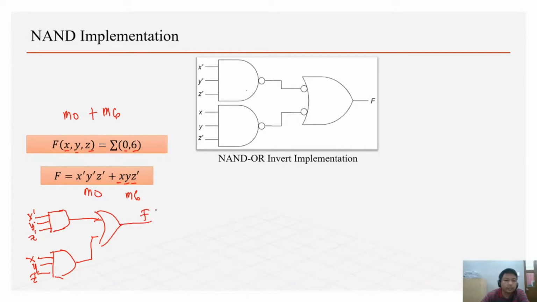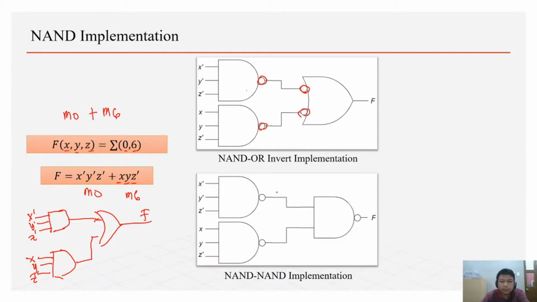The next thing that we need to do is to place a circle here or a bubble and a bubble here. So this is just the same, they negate each other. Here is a bubble and a bubble, they also negate each other. And then of course, this can be rewritten using this symbol, since again, if we recall, this symbol is another representation of our NAND gate.